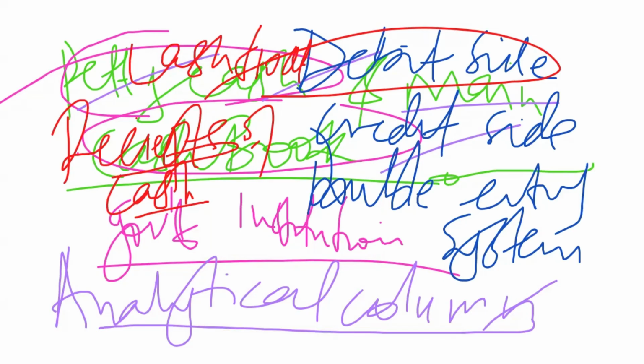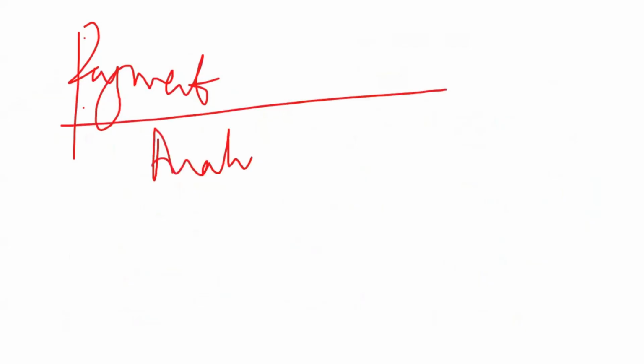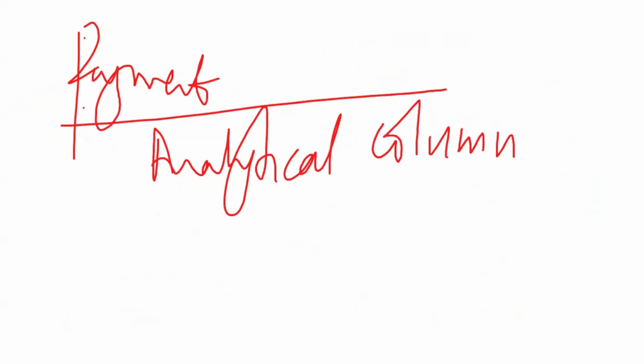So in this, the payment will always be in two different analytical columns, and these analytical columns will be showing the categories of expenses that we have.